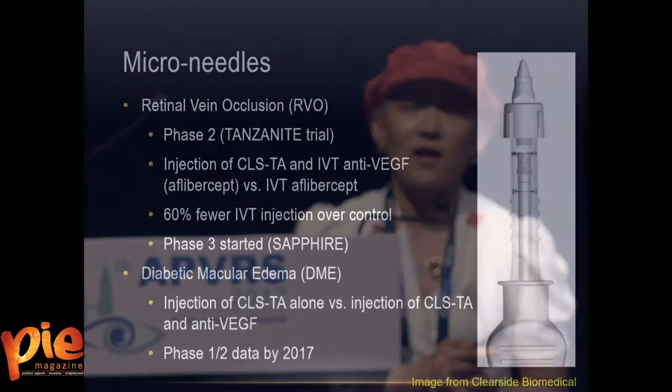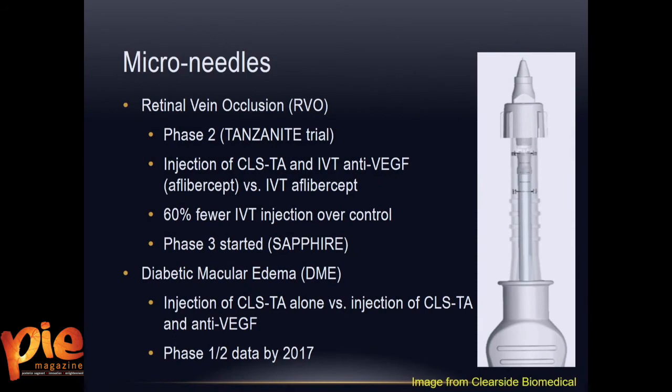Using this technology, they're now moving into the retinal vein occlusion space. They just completed a phase 2 study, the Tanzania trial, where they looked at the injection of suprachoroidal TA in conjunction with anti-VEGF injections versus anti-VEGF injections alone.